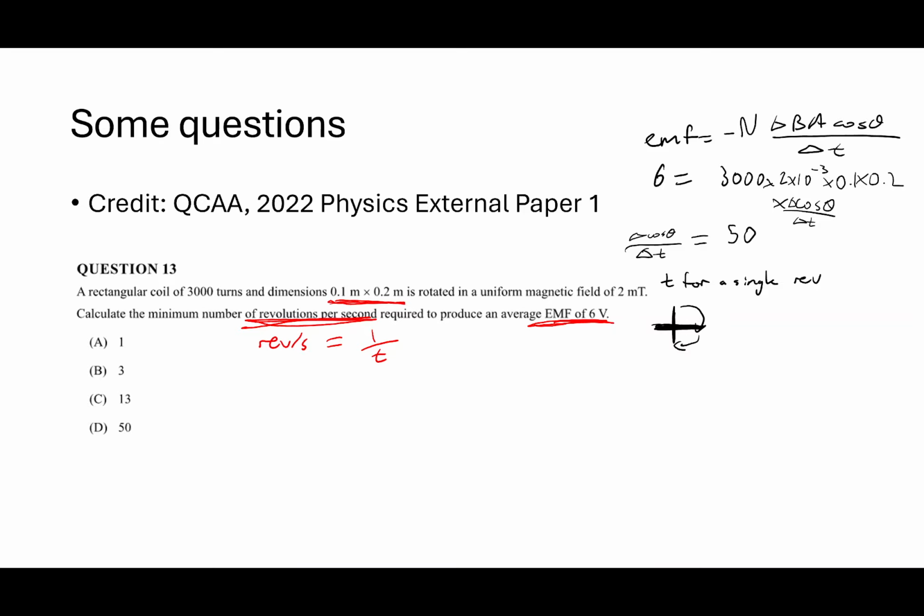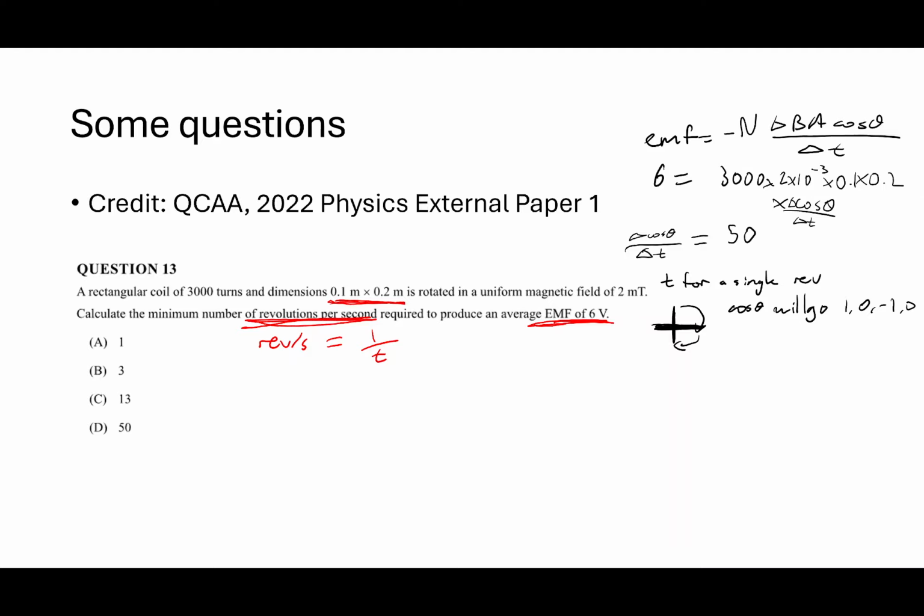Because a single revolution is the coil spinning and going through theta from 0 to 360, with cos theta it will go from 1 to 0 to -1 to 0 back to 1.